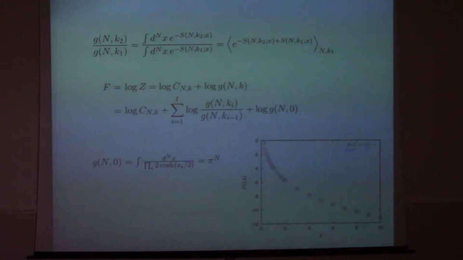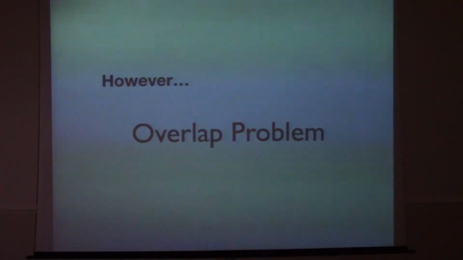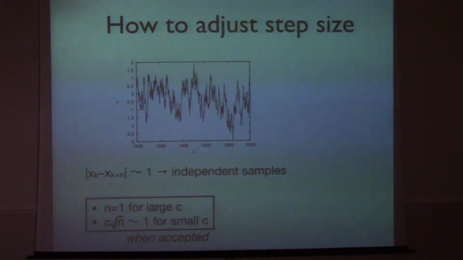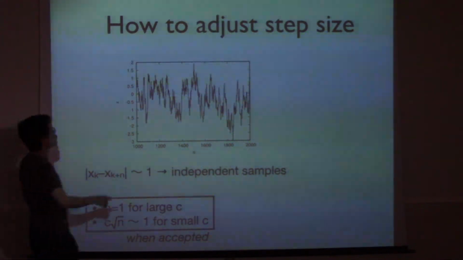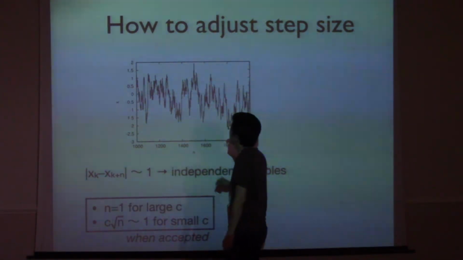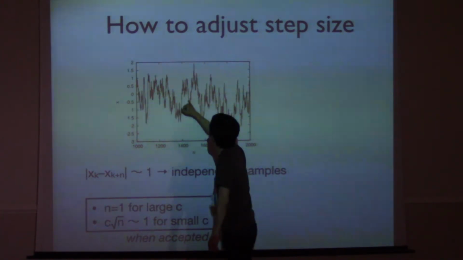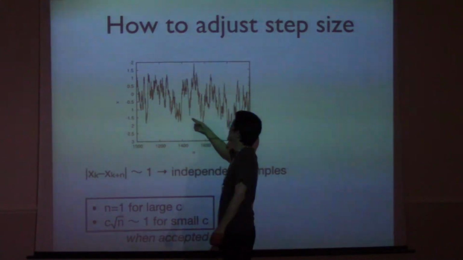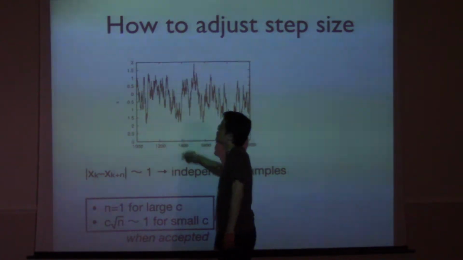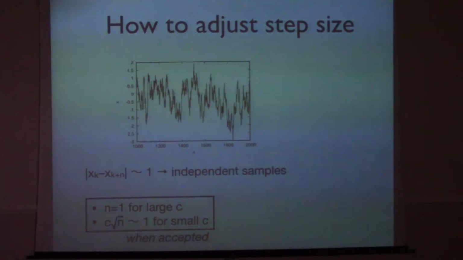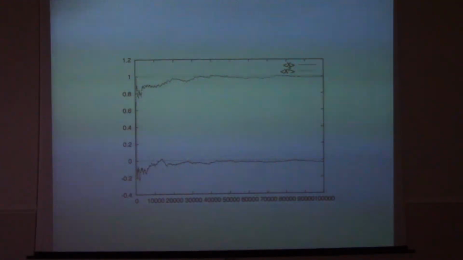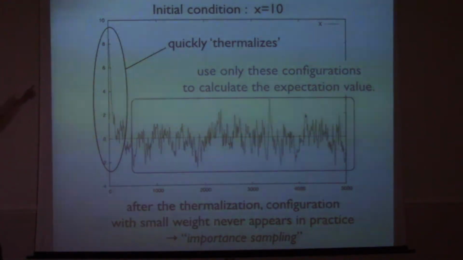When you count the number of samples, you say independent. What is this independent? The point here is that in this method, you change x little by little. So if you look at this configuration and this configuration here, apparently there is correlation. Or even a simpler case is this: you start with x equals 10.